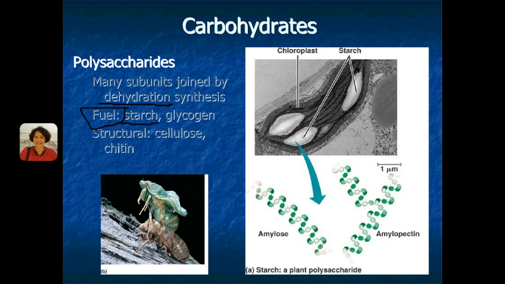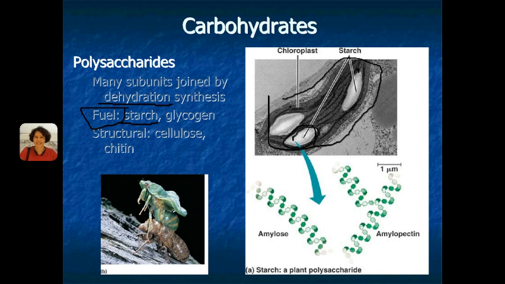We see that over here. We see a chloroplast, and we see starch accumulating inside the chloroplast. In the chloroplast, we will learn in chapter 10, the reactions of photosynthesis produce glucose and other carbohydrates, and that can accumulate as starch inside of the chloroplasts.